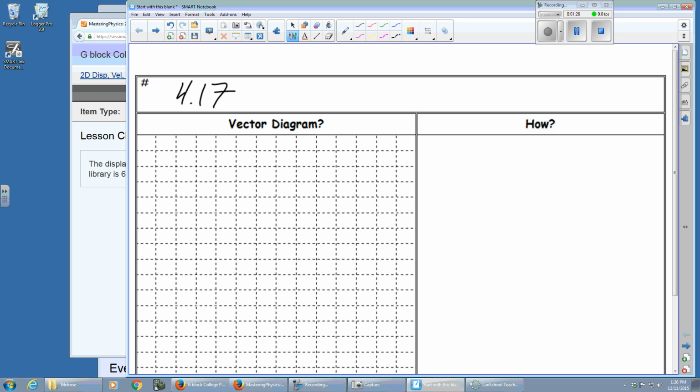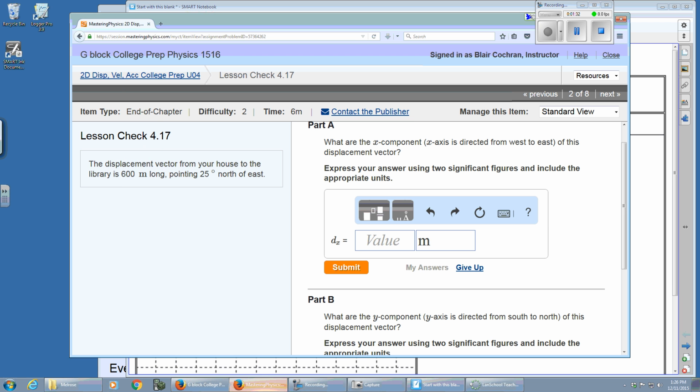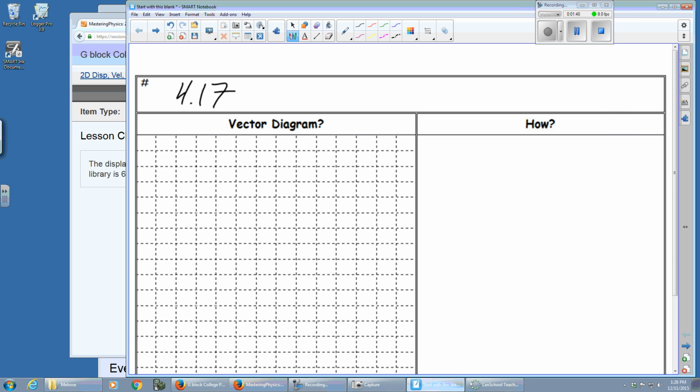So 4.17. So let's see. They tell me mine is 600 meters long and pointing 25 degrees north of east. So I'm going to establish that north is that direction, which means I start off pointing east, and then I swing 25 degrees north. So that's going to be that direction.